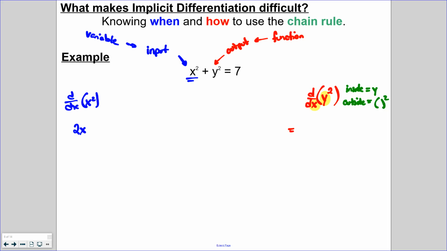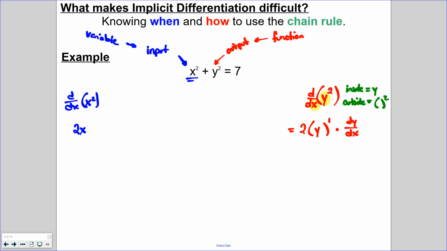So chain rule says take the derivative of the outside function first, which means we will move the 2 to the front, and we will subtract 1 from the exponent. We'll then put the inside, which is y, back in, but then chain rule says we need to multiply by the derivative of the inside, which is going to be dy over dx. And unfortunately, we can't take the derivative of y because we don't know what the actual function is.